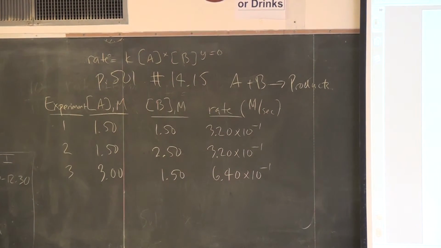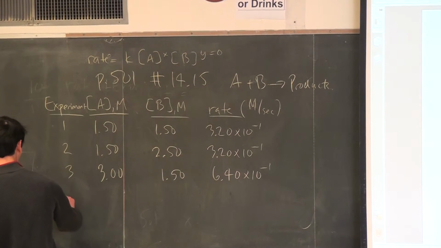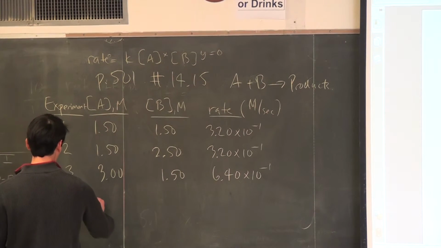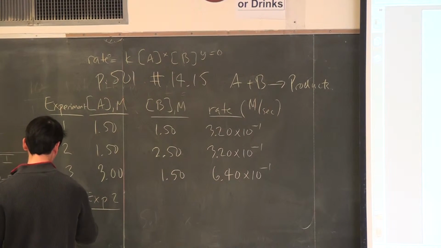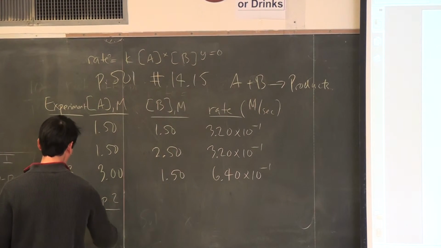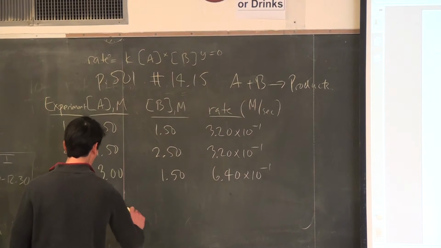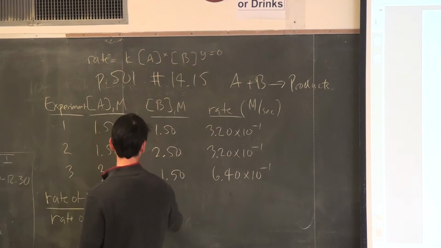If you do that thing we did before, we take the rate of experiment 2 divided by the rate of experiment 1. So let's do that. We have the rate of experiment 2 compared to the rate of experiment 1. That's going to be 3.2 times 10 to the minus 1.